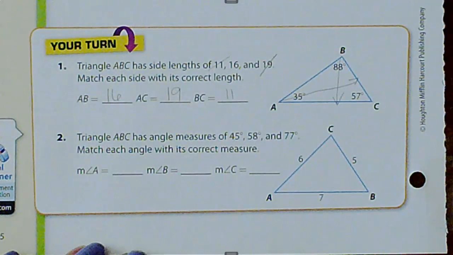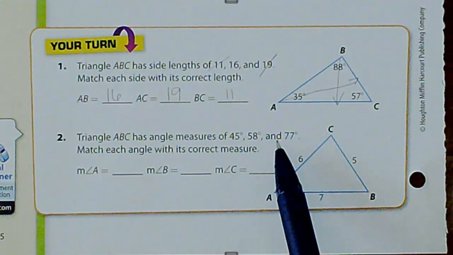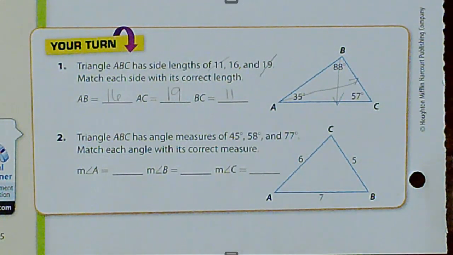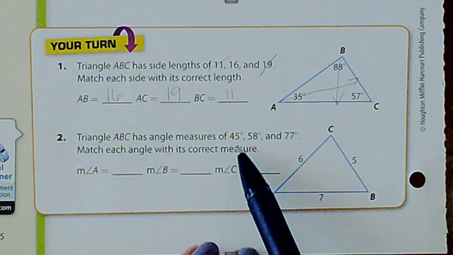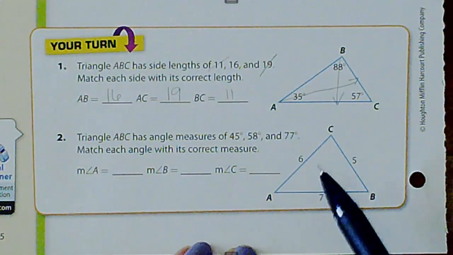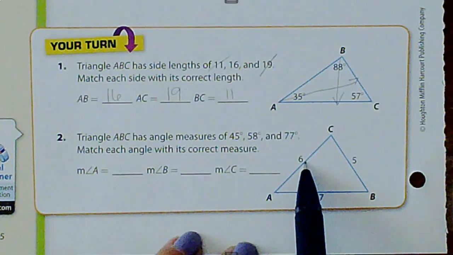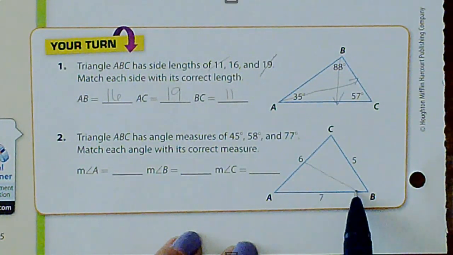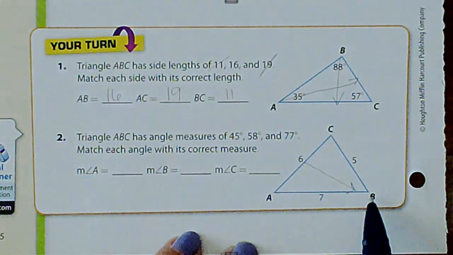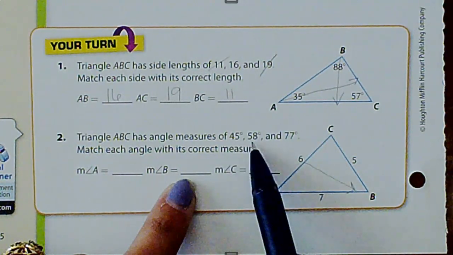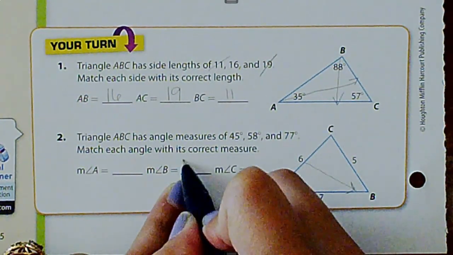Okay, number 2, triangle ABC has the angle measures 45 degrees, 58 degrees, and 77 degrees. Match each angle with its correct measure. So now we're given the angle measures and we just need to match the correct side. So again, I always like to start with the smallest angle. So here, the smallest side is side CA. And if it's opposite the smallest angle, if we draw our arrow to the opposite angle, it should be angle B. And our smallest measure out of 45, 58, and 77 is 45 degrees.